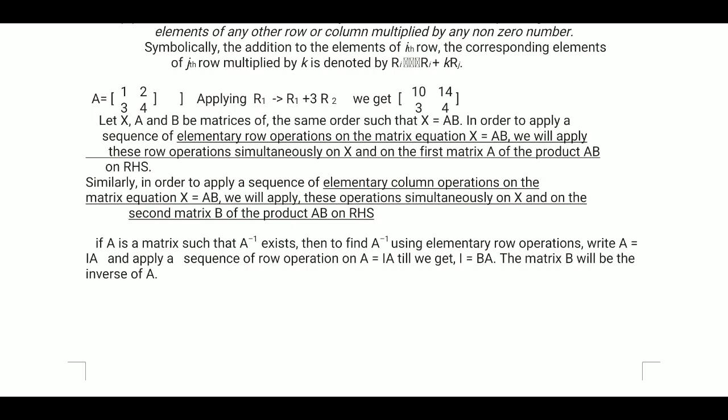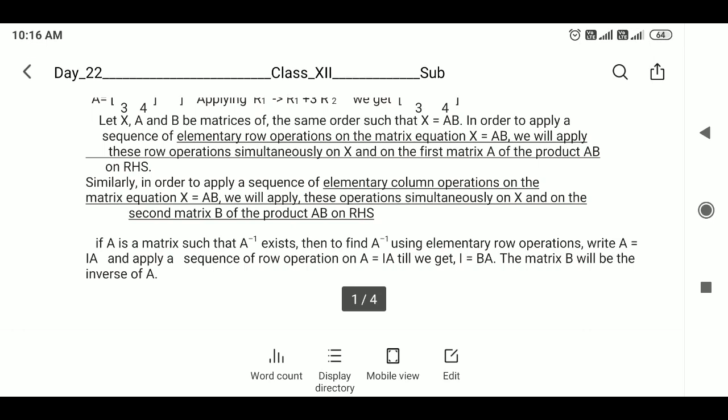Then B will be called the inverse of A. It means we go through so many row operations on matrix A on the left hand side, and similar operations will be applied on I on the right hand side till the left hand side A becomes I.